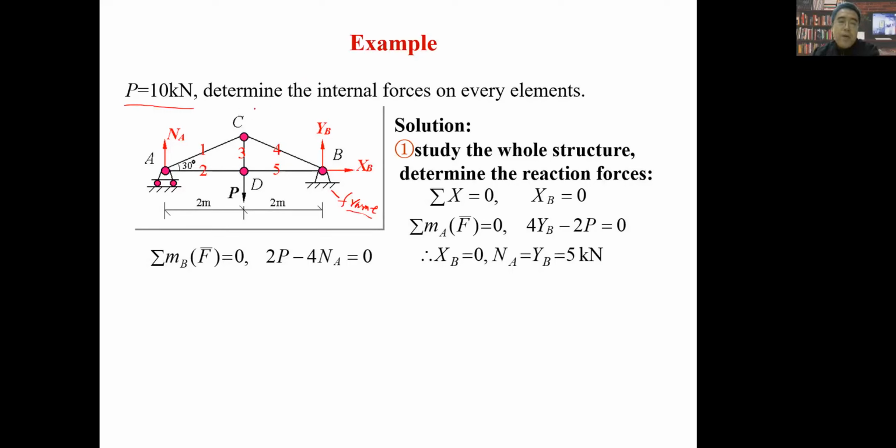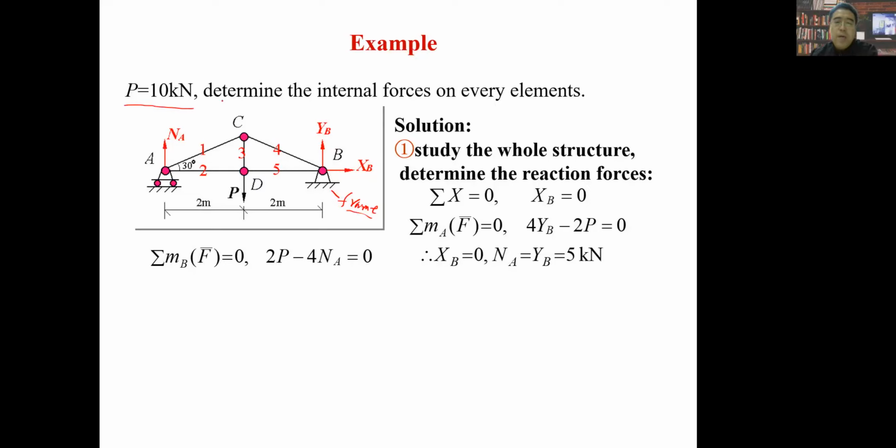Our default coordinate system always has positive X pointing right and positive Y pointing up, upward.